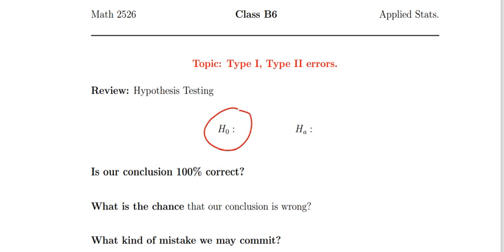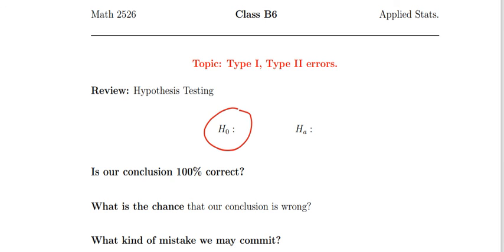And type 2 error is we accept their claim when their claim is wrong. So these are two mistakes. We say type 2 error is more serious than type 1. So for a decision making rule, we need to check the chance of making the type 1 error or type 2 error, or find alpha and beta.